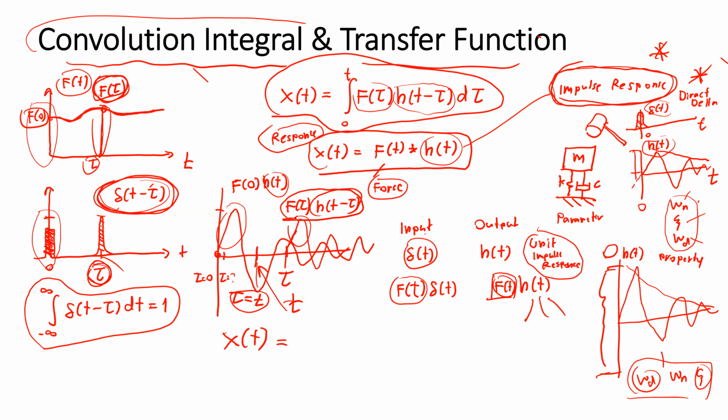It means if you need to know the total response at time t, you need to consider the magnitude of the force at time tau, beginning from tau equal to 0 until tau equal to time t, multiplied by a unit impulse response with the time shift tau.